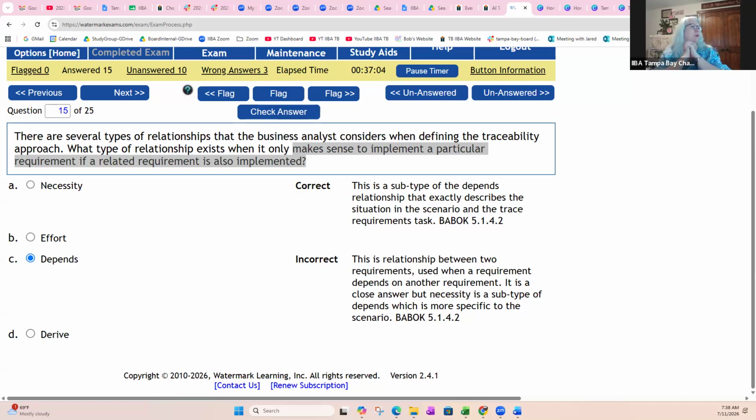Here it is. We're in trace requirements. Under relationships, you've got derive, depend, which is necessity, effort, satisfy, and validate. Okay, let's move forward.